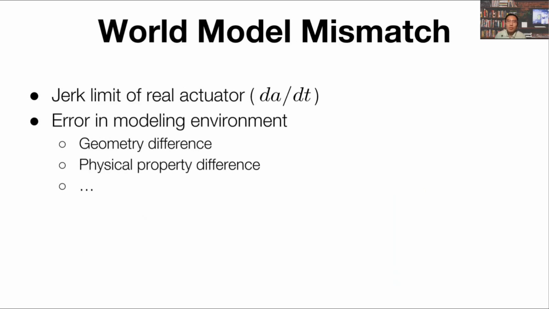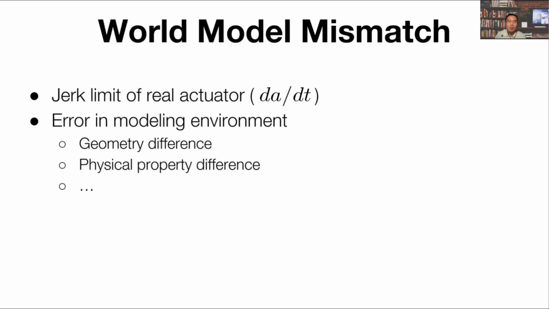When we build a simulation environment, we always introduce some kind of model simplification for computation efficiency. So, there are some phenomena that are not modeled in the simulator and will cause the world model mismatch. For example, jerk is the rate of the acceleration changes. Due to the power limit of real robot actuators, the maximum value of jerk is limited.